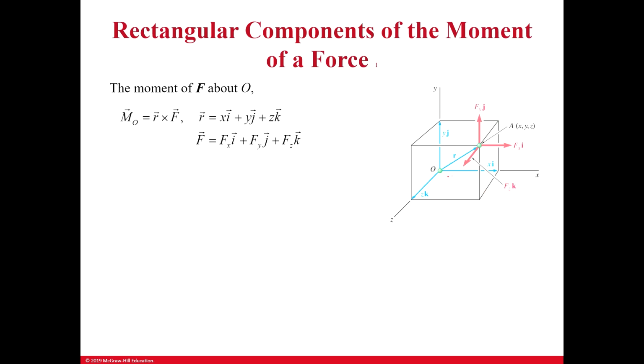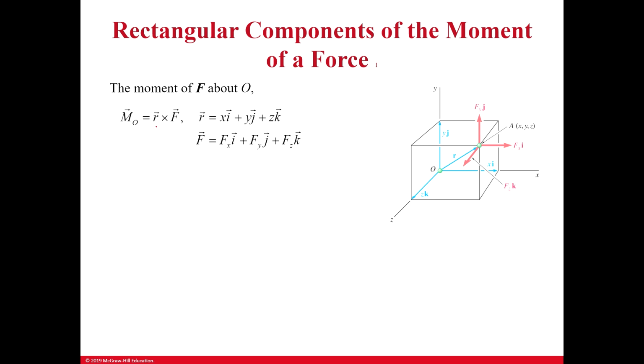So this is a good example. We have point A, where we know the distance r, or we can measure the distance r, or at least we can compute it, and then we find the components Fx, Fy, and Fz.